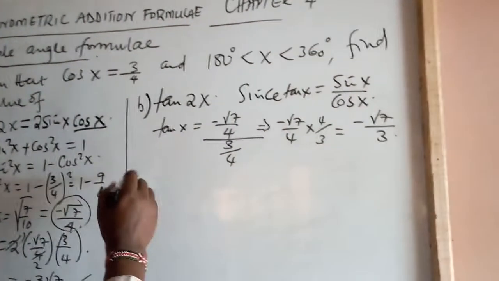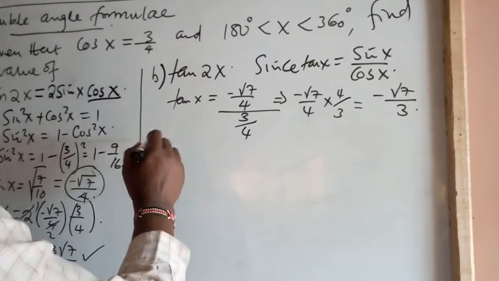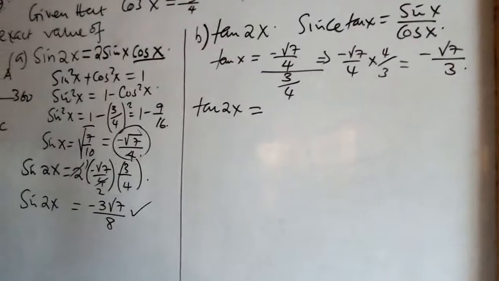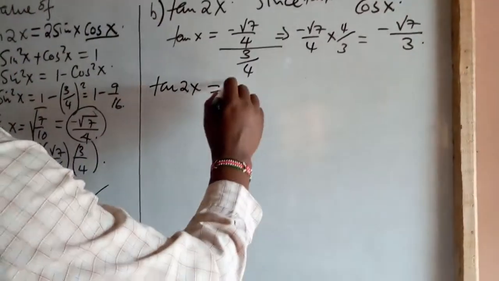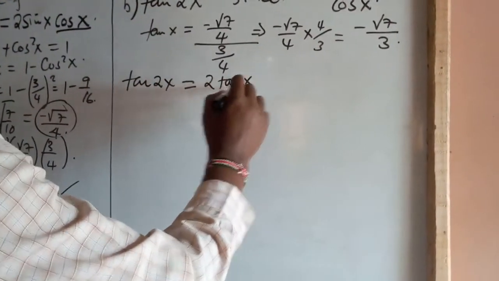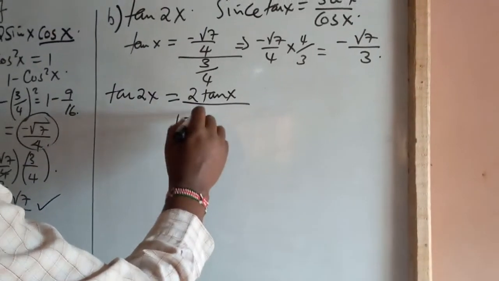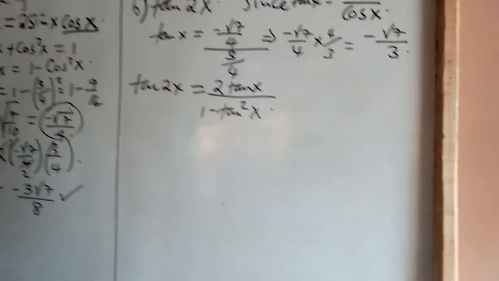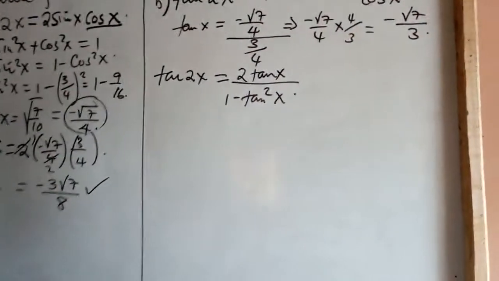So we know from the previous explanation that our tangent of 2x is given by 2 tan x all over 1 minus tan squared x. That we know from the previous understanding.